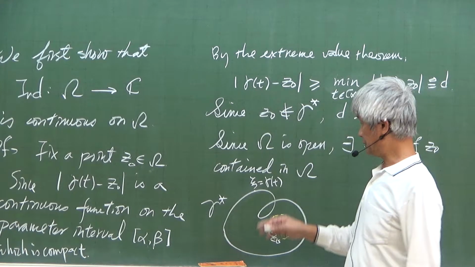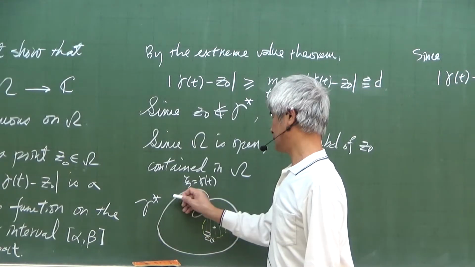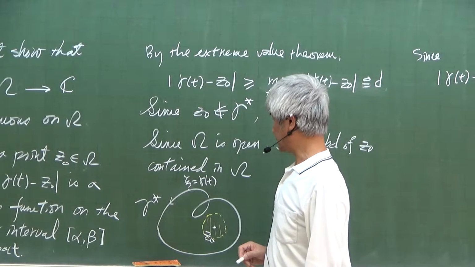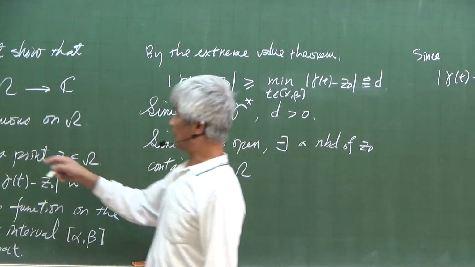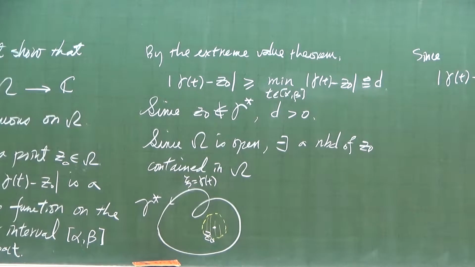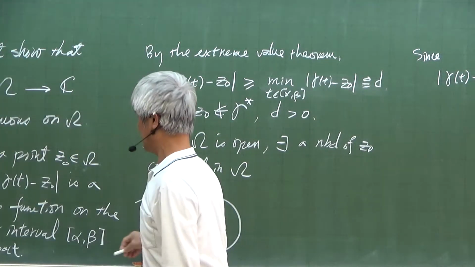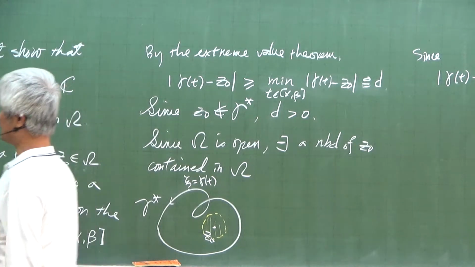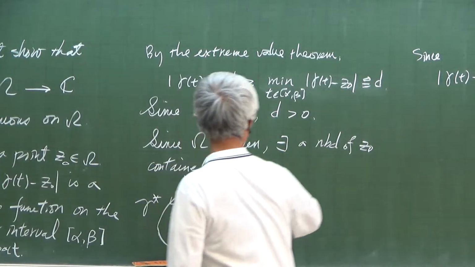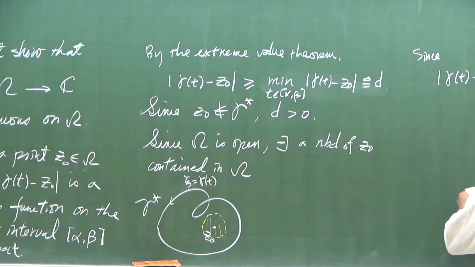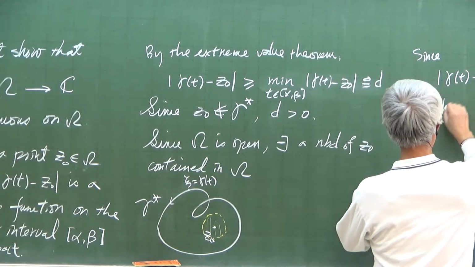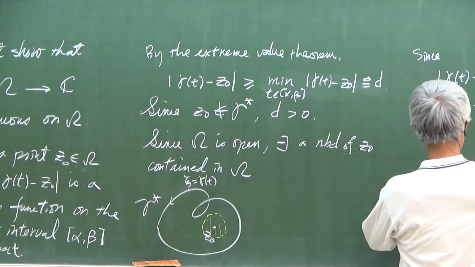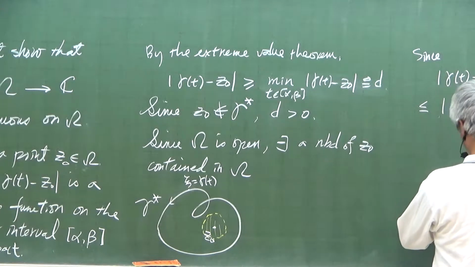I specified that the orientation is counterclockwise. So along this line integral, psi is equal to gamma(t), and so the denominator is gamma(t) minus z. Now we fix a Z0 first.